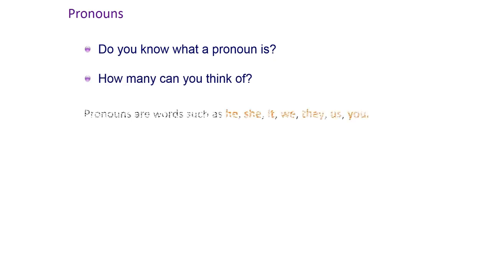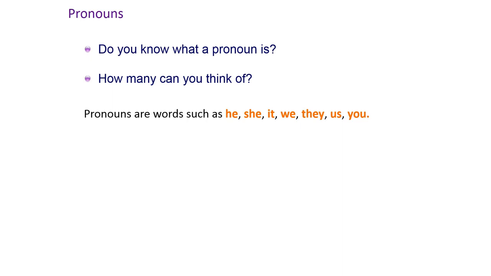Let's look at some pronouns and what they are. So a pronoun is a word that is used to replace a noun, and some pronouns that we often use are he, she, it, we, they, us, and you.